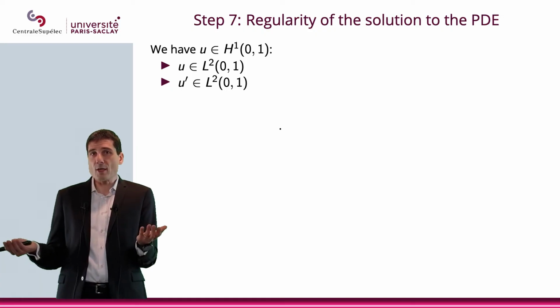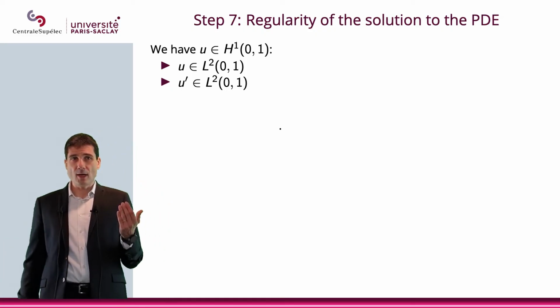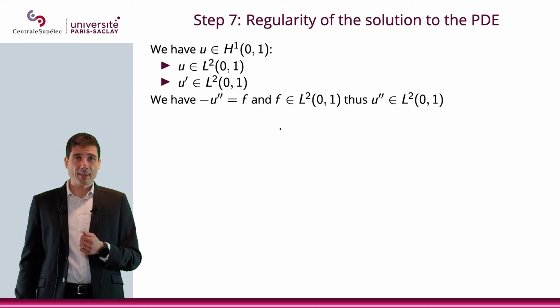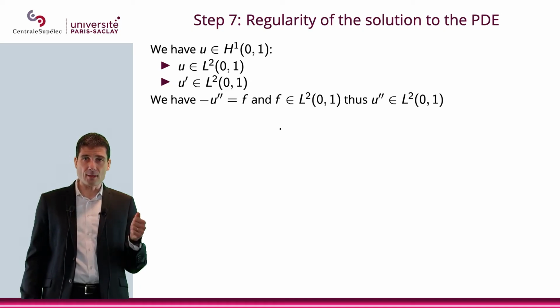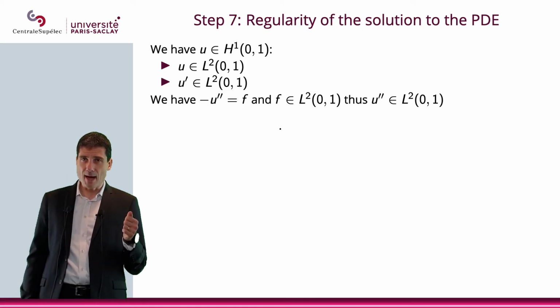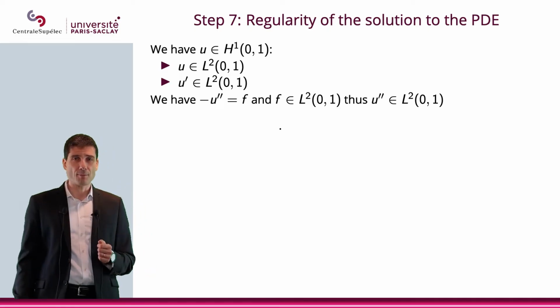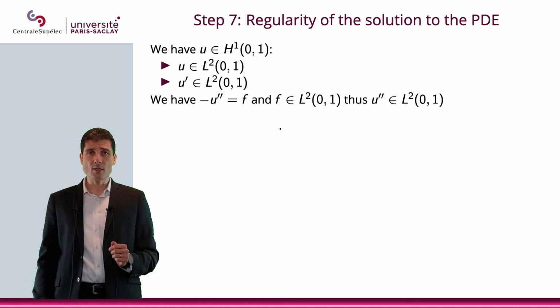That's the very definition of what H1 is to begin with. I have a third thing that I need to take into consideration, which is that minus u second equals f, in the sense of distributions, of course, but I know that f is in L2. So that means that u second is also in L2.